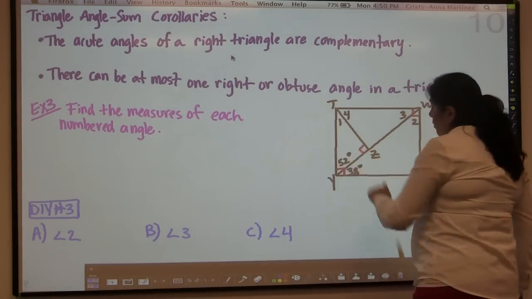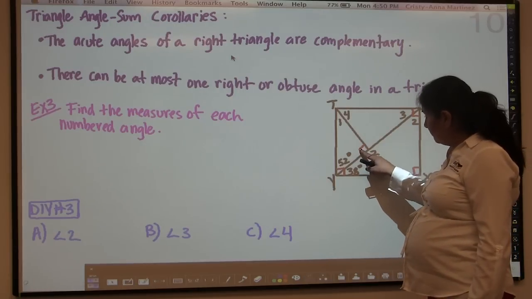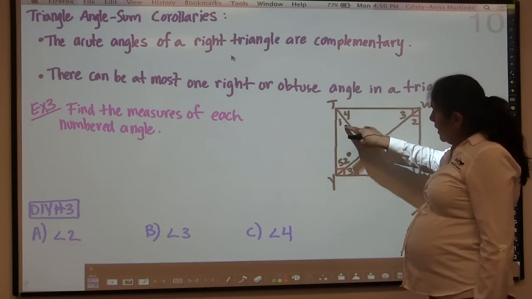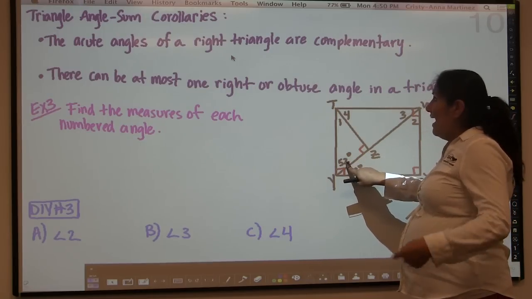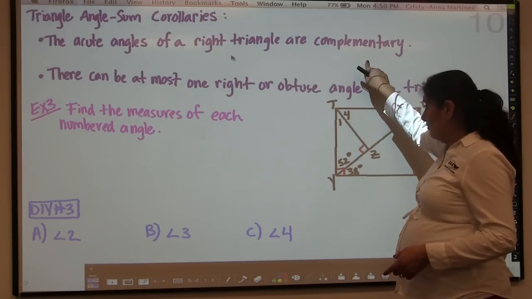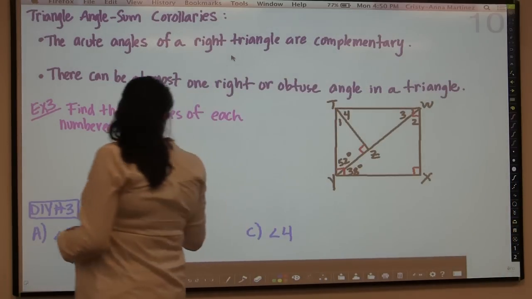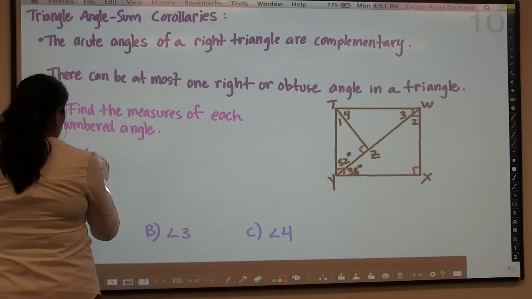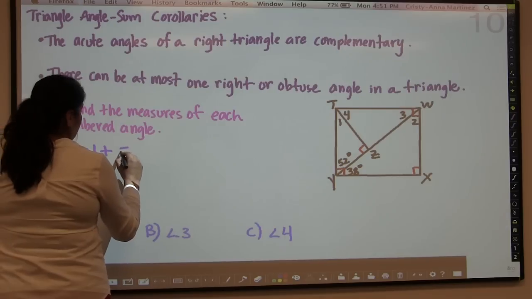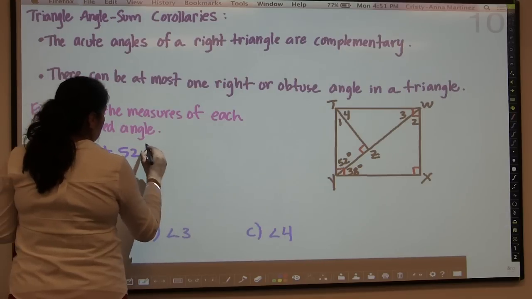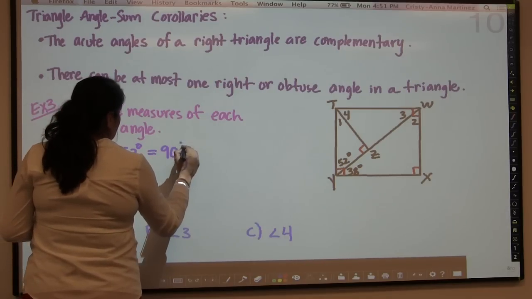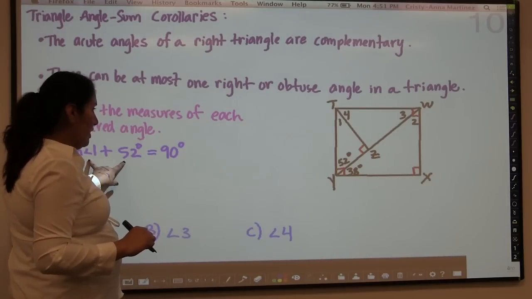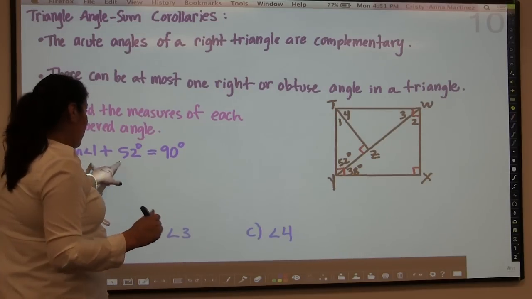So angle 1 is right here, and as you can see, we have a right angle. And so I know from this that the other 2 angles, angle 1 and 52, have to add up to 90 because they have to be complementary. So to find angle 1, the measurement of angle 1 plus 52 degrees has to equal 90 degrees because it's a right triangle, so the other 2 acute angles have to be complementary, have to add up to 90.